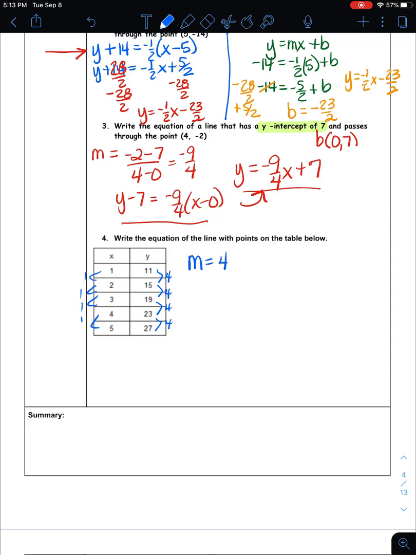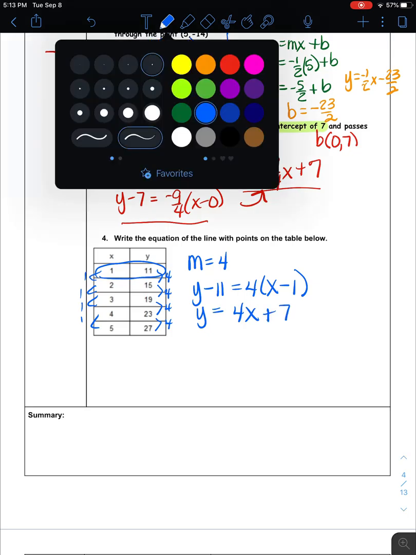And then it doesn't matter which points, it's going to go through any of those points. So I'm going to choose the smallest. So you could do y minus y1 is equal to m times x minus x1. That's one way to solve it. That's point-slope form, and then you could finish it from there and get y is equal to 4x plus 7.